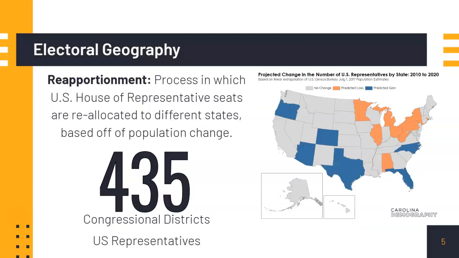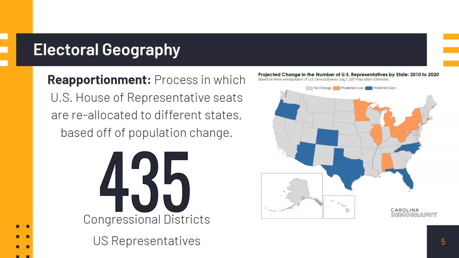Electoral geography refers to the study of how geographic factors influence political outcomes, particularly the distribution of legislative seats. One important aspect of electoral geography is reapportionment, the process through which the 435 seats in the U.S. House of Representatives are reallocated to different states based on changes in population.